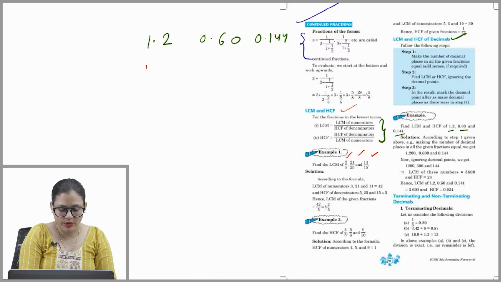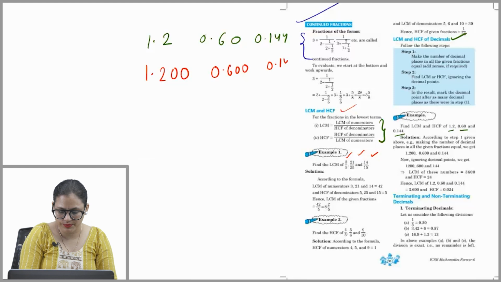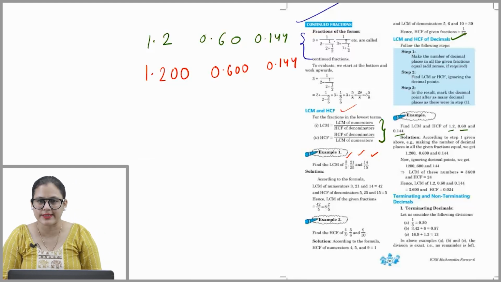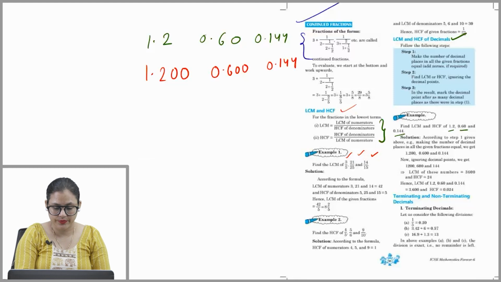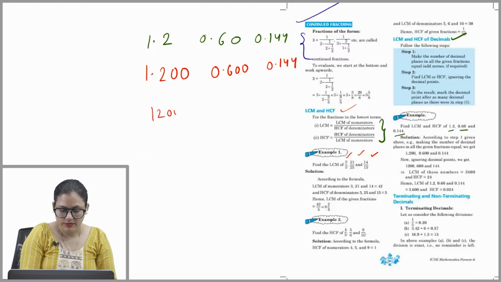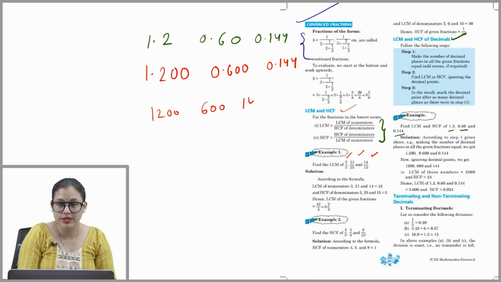So what will we write here? 1 point, maximum decimal places are 3 here, 1, 2, 3. So you will add 2 zeros here, 1 zero here and 0.144 as it is. Now we will ignore decimal points, so we get 1200, 600 and 144.